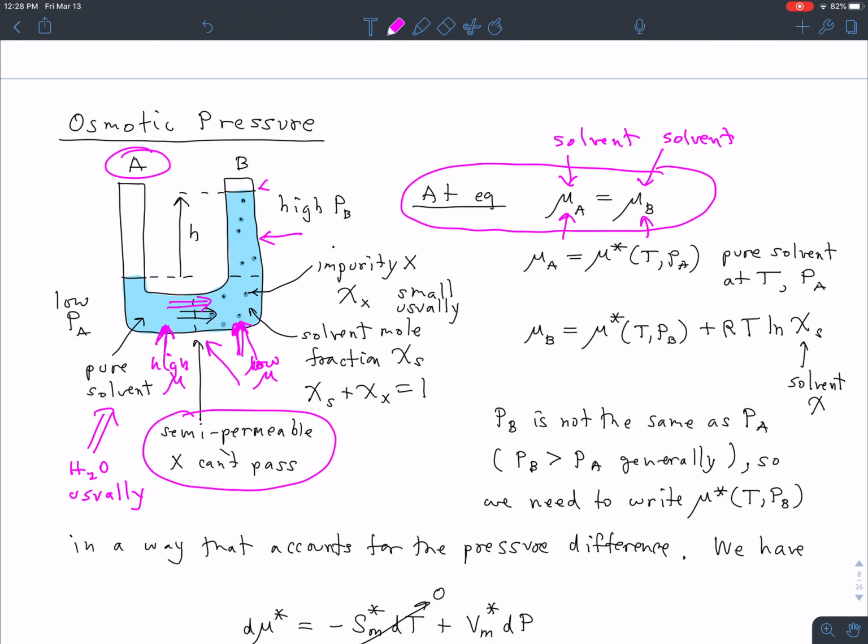the height, in this case, of the solvent on side B rises.